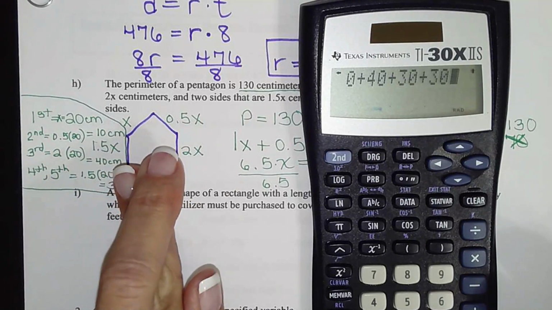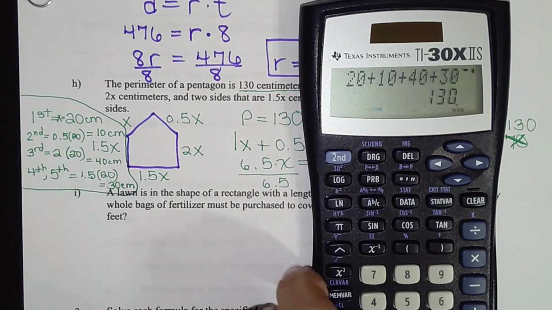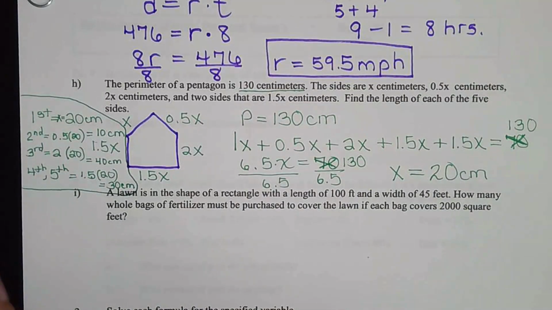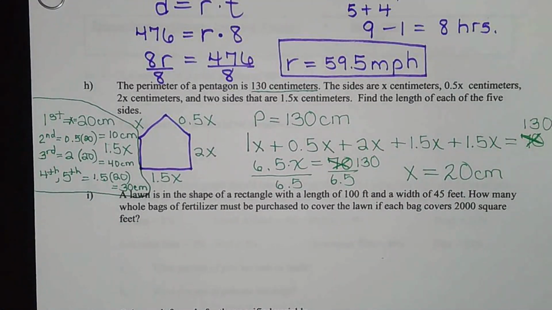Cross our fingers. 130 centimeters. So we know we did it right. There are so many times you can just pause. How long did that take? 30 seconds? Check your work before you move on to the next question. Doesn't take much time.